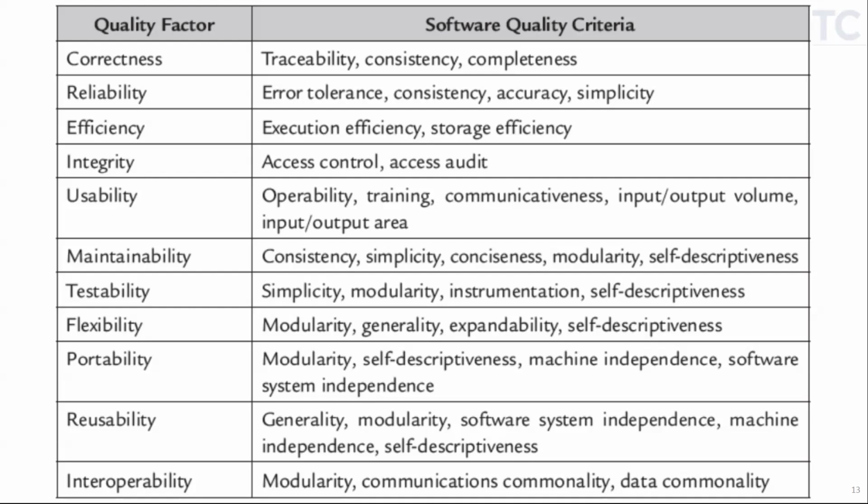And then maintainability. So under that, we can talk about the consistency, simplicity, conciseness, modularity, and also self-descriptiveness. What does that mean? Basically, each module must have its own information, rather documentation, right? Self-documented, we call it. And also, they should be modularized. You need to have modules.